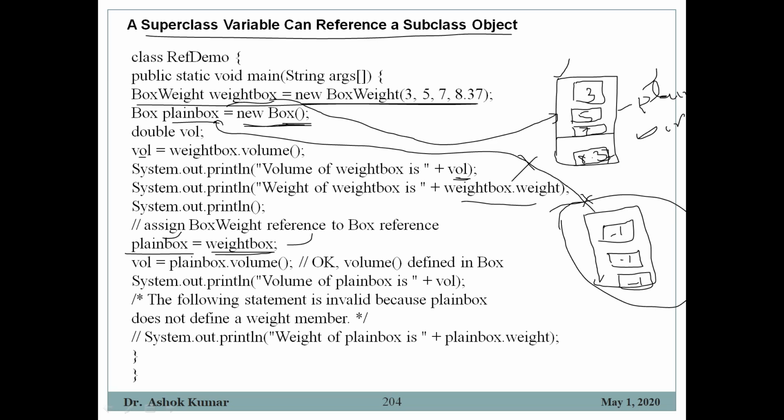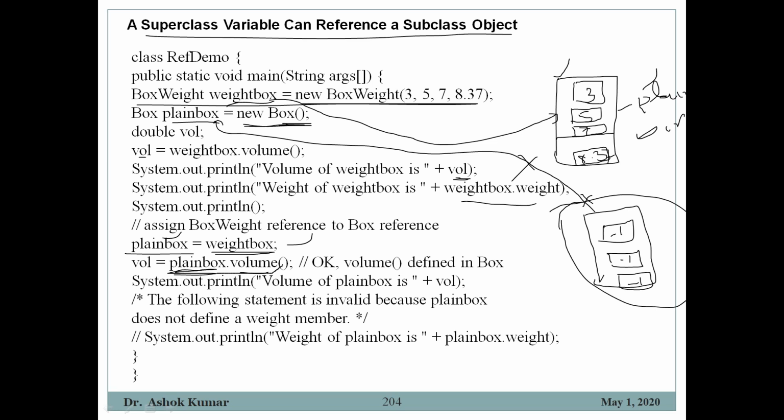The next line is also important. With the superclass reference, you can call the method that belongs to superclass, because volume belongs to superclass, but this plain box is referring to the subclass object, and through this superclass reference we are calling the method of the superclass.